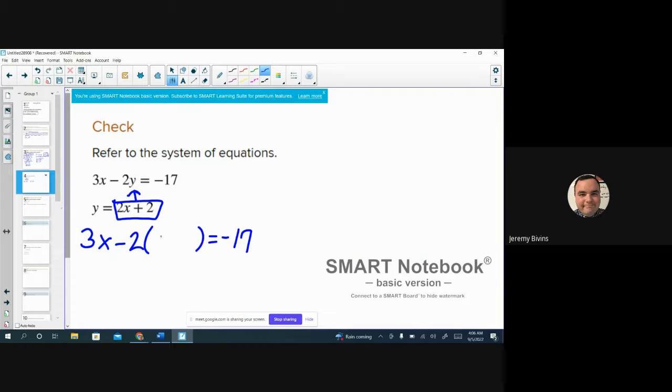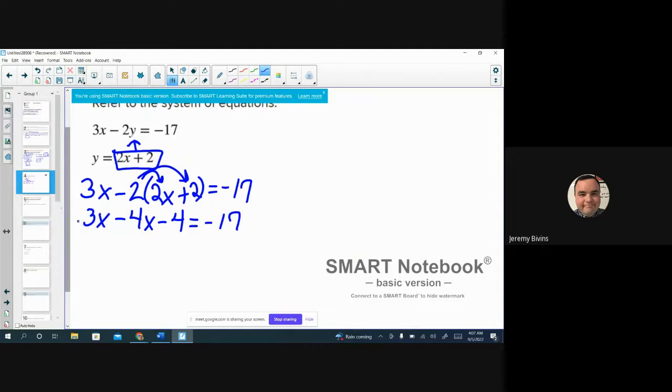So I'm going to put the 2x plus 2 in there for the y. Use your algebra to use the distributive property. So I have 3x. -2 times positive 2x is -4x. -2 times positive 2 is -4 equals -17.